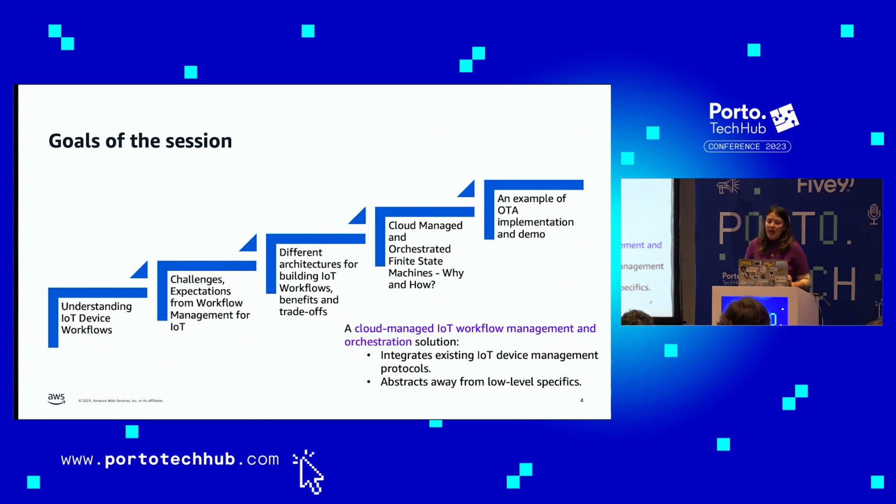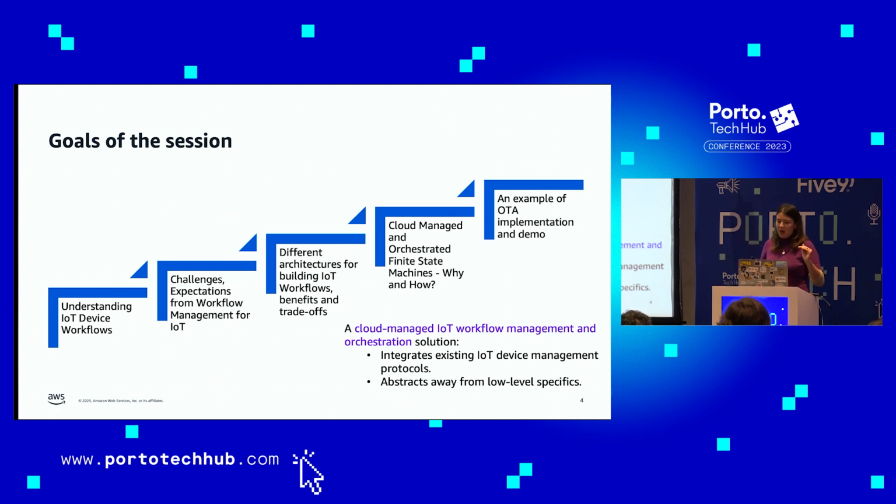What I also want to say is that this solution focuses on moving away from the really deep technical details that usually happen at edge, right? So IoT edge protocols are extremely complex at times. So what we need is a solution that, on a higher level, abstracts away from these complexities.